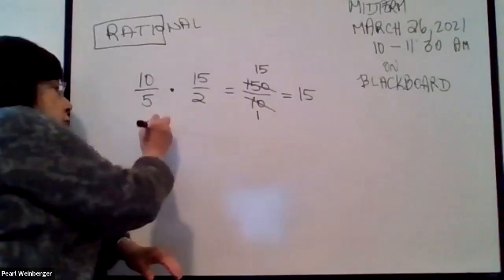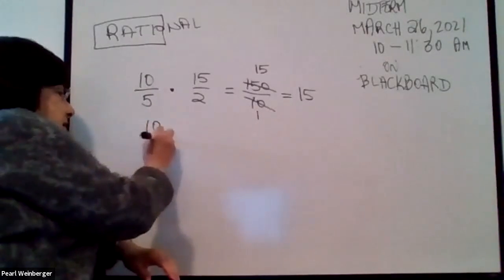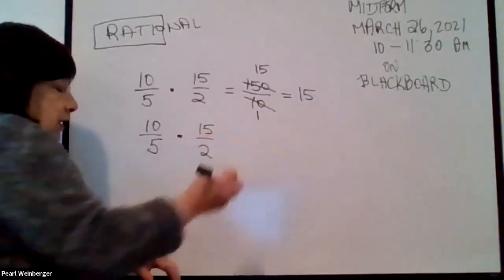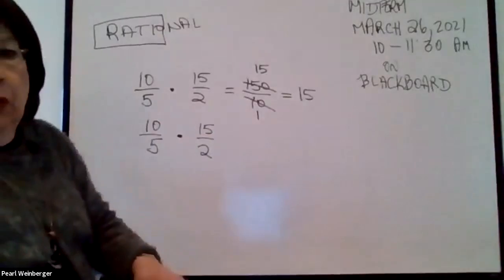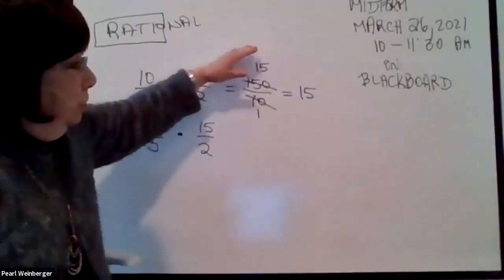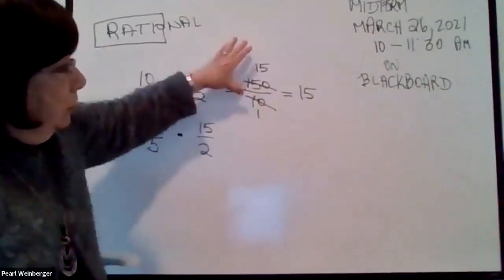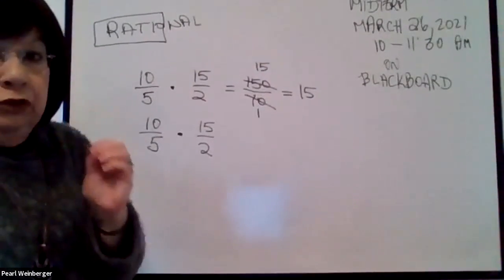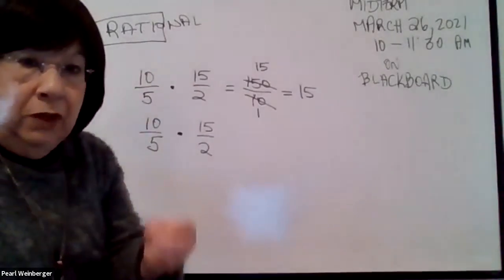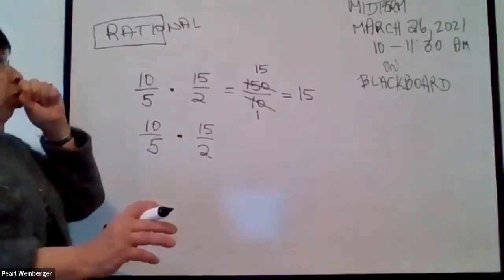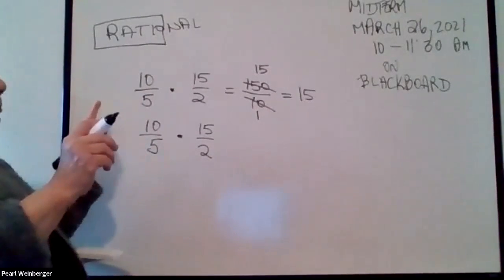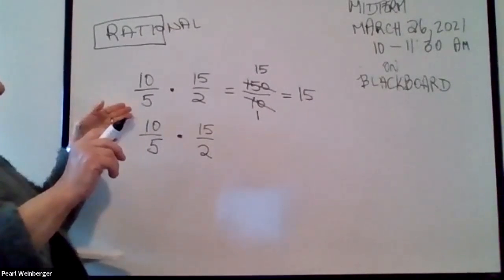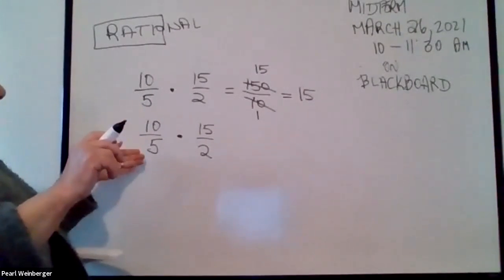I'm going to show you what I think is a more efficient way of doing something like this, where instead of doing the reducing at the very end, when your numbers have become quite big, you can do your reducing before you do the multiplication. How do you do that? You look for any common factor in a numerator and a denominator.